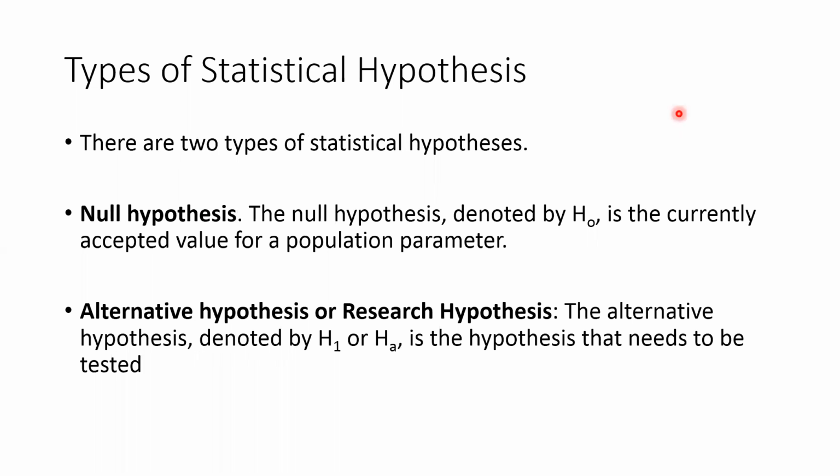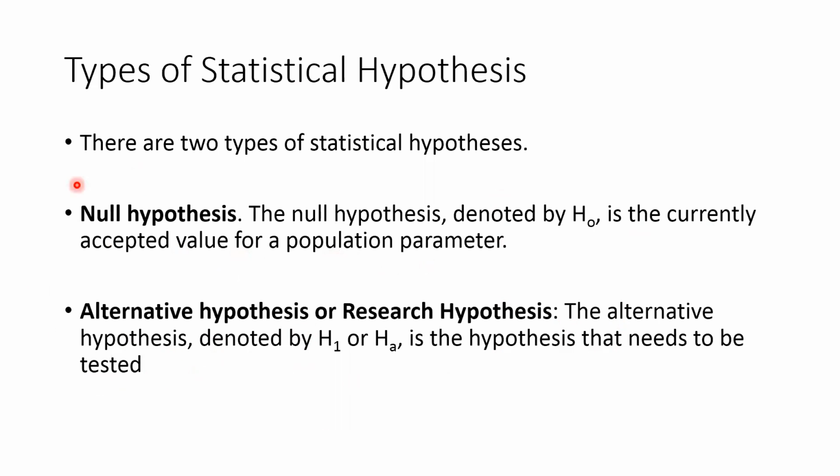Okay, so what are the types of statistical hypothesis? First is the null hypothesis, and the other is the alternative or research hypothesis. The null hypothesis is the currently accepted value for a population parameter, and the alternative hypothesis is the hypothesis that needs to be tested.